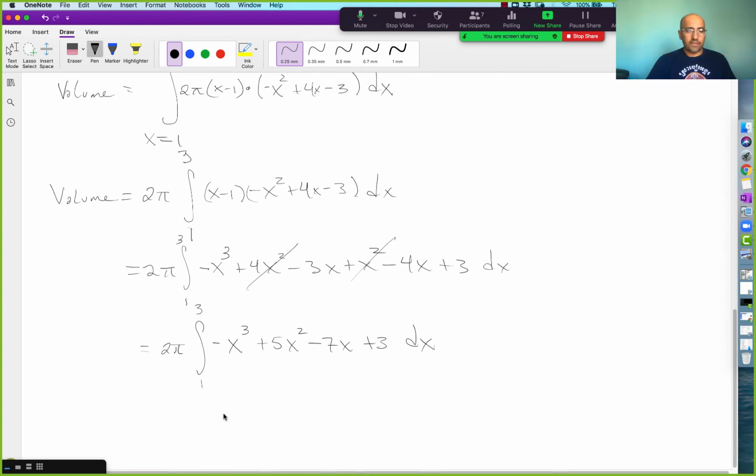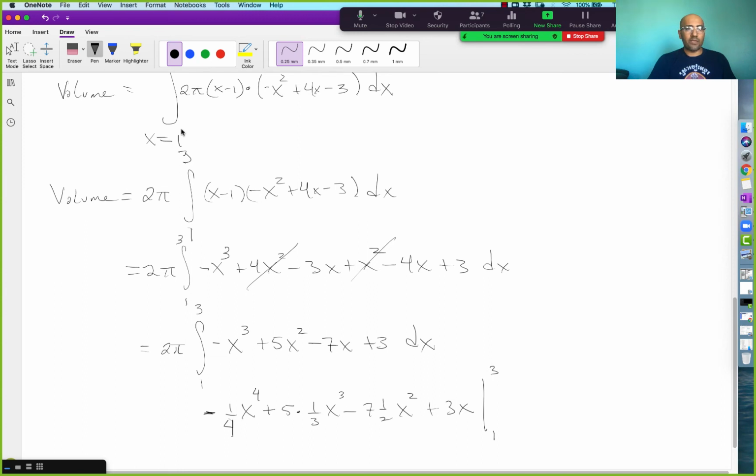And then these are nice, easy polynomials. So minus 1/4 x to the 4th plus 5 times 1/3 x to the 3rd minus 7 1/2 x squared plus 3x, evaluated from 1 to 3.